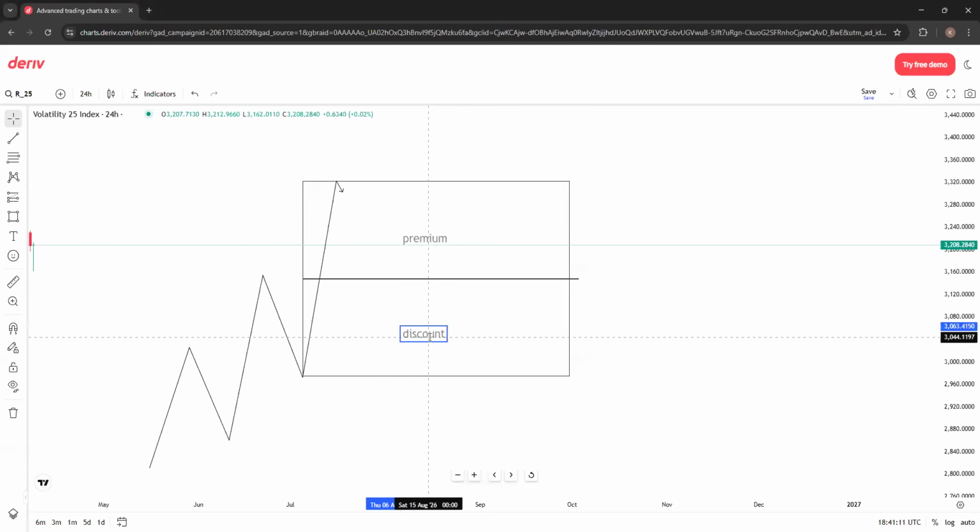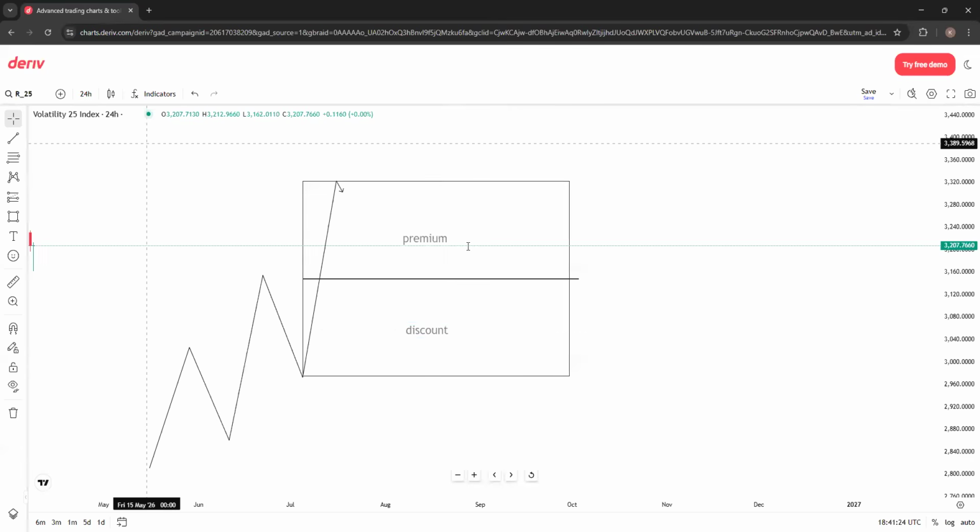Now, this discount zone is where price is cheap, right? I want you to put this in your mind. This is where price is cheap. And this premium zone, this is where price is expensive. So I'll write price expensive here and I'll write price cheap over here, right?